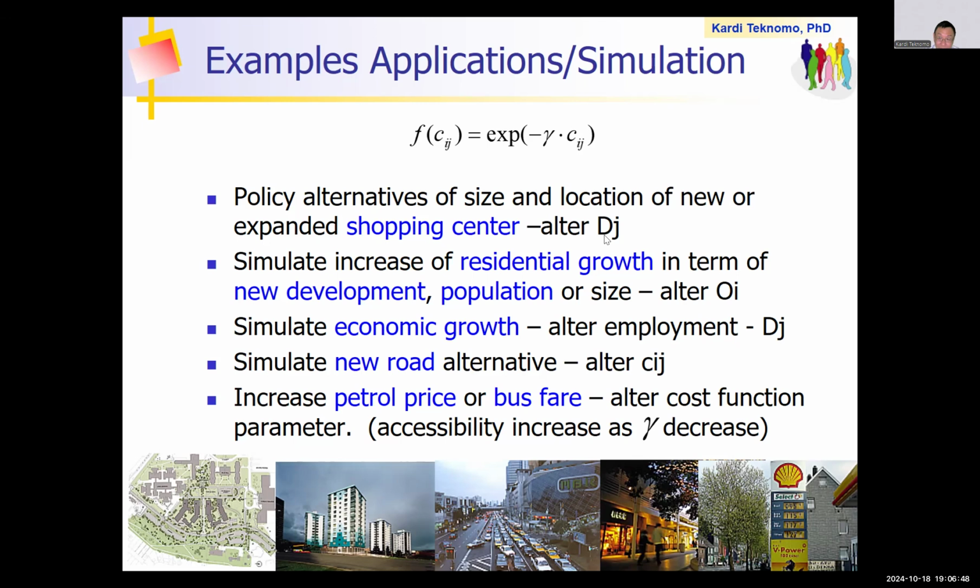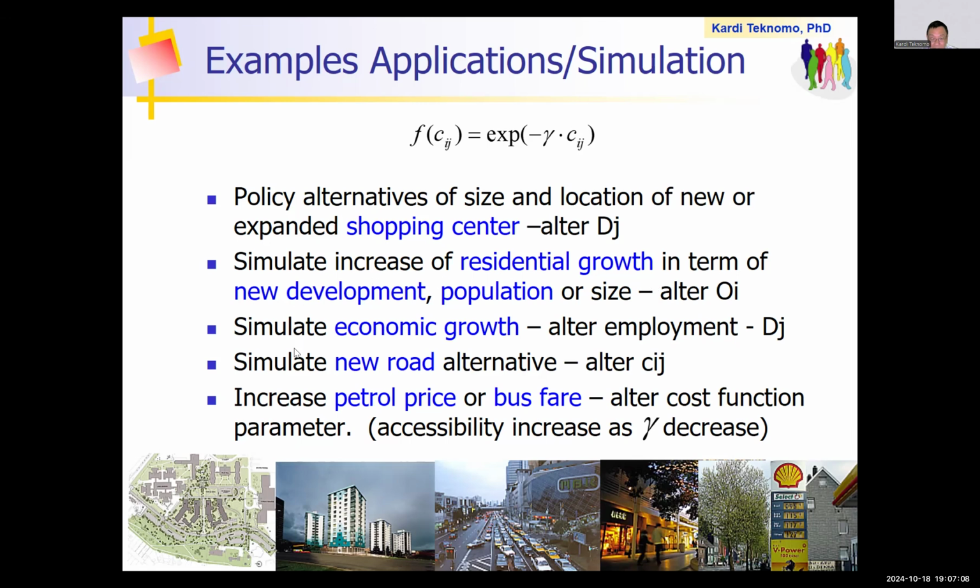Or say you want to simulate the increase of residential growth, so you have certain new development or change in the population. In that case, you change the production.